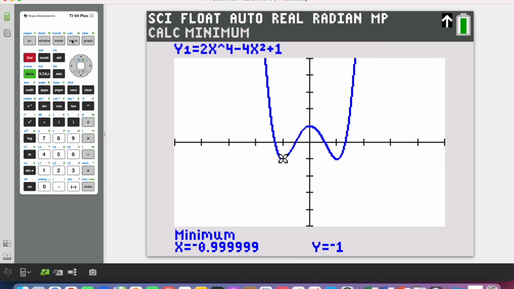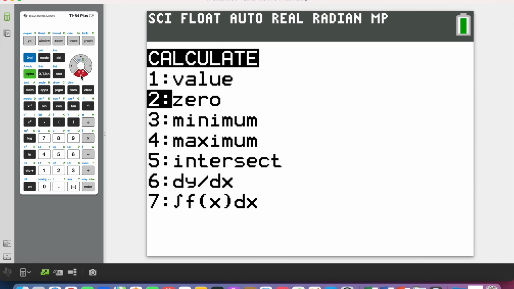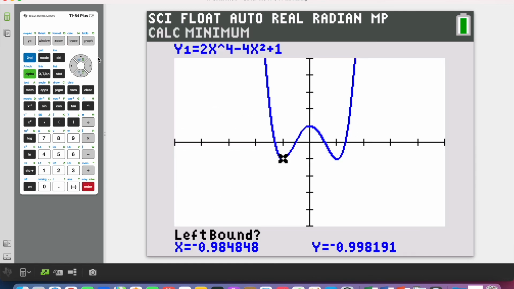For the second minimum point, take the cursor near the point, set the left bound, and we have again (1, -1) as our local minimum.